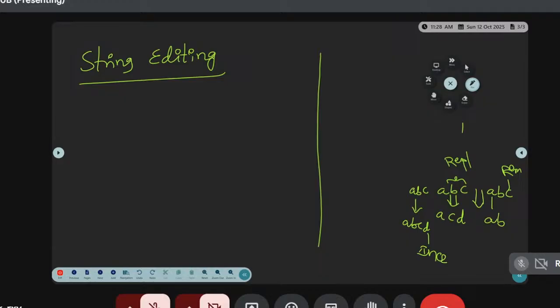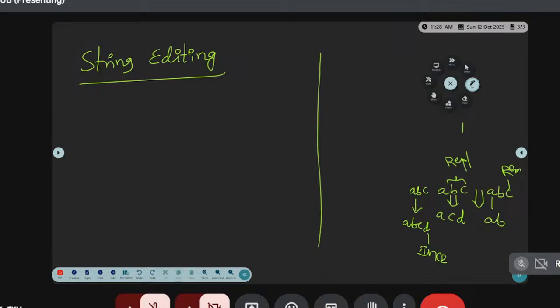Then the string is edited, so we did an insert operation. And if my string contained 4 characters and after editing it is only 3, one character has been removed, or deleted.